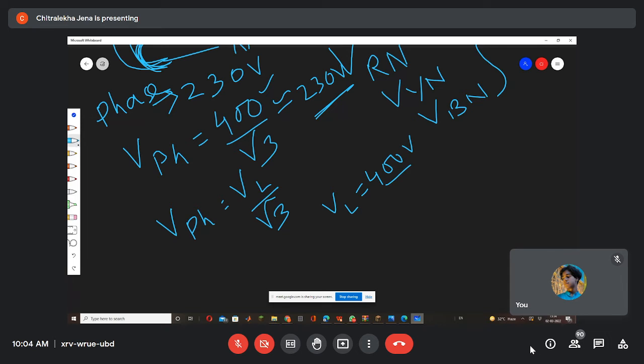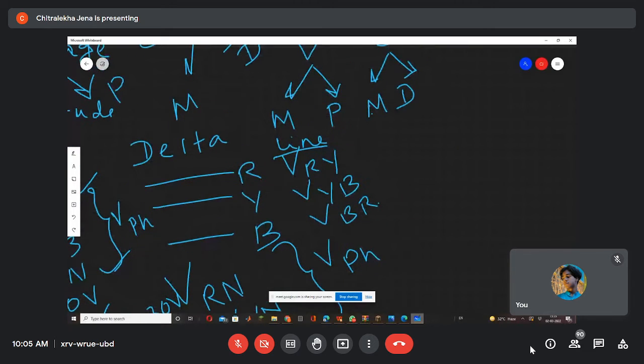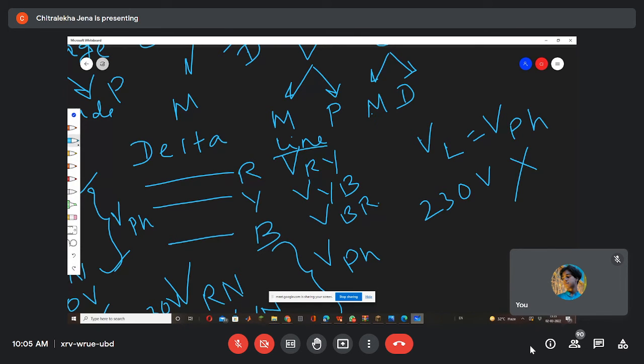In case of a delta connection, we are not getting 230 volt. I will tell you the derivation: V phase equals VL. Here you cannot get 230 volt in case of delta connection.